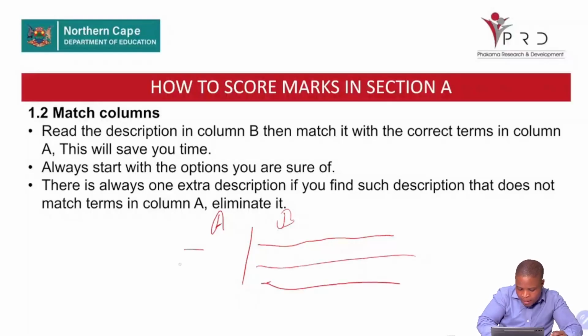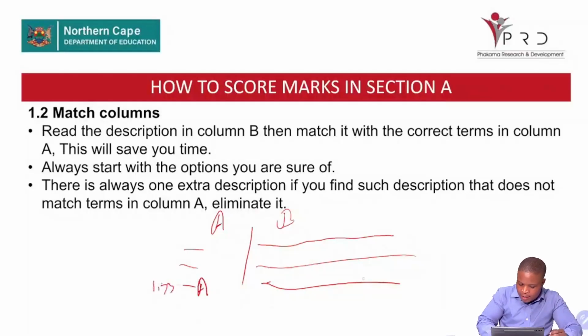Here is a term, a term, a term. It's easy for you to read this sentence, finish reading the sentence. Now they say the relationship between inflation and unemployment. Now you're thinking Phillips curve. You quickly browse here. Where do you find Phillips curve? Oh, yeah. So it means for this number 1.2.3, the answer is A.